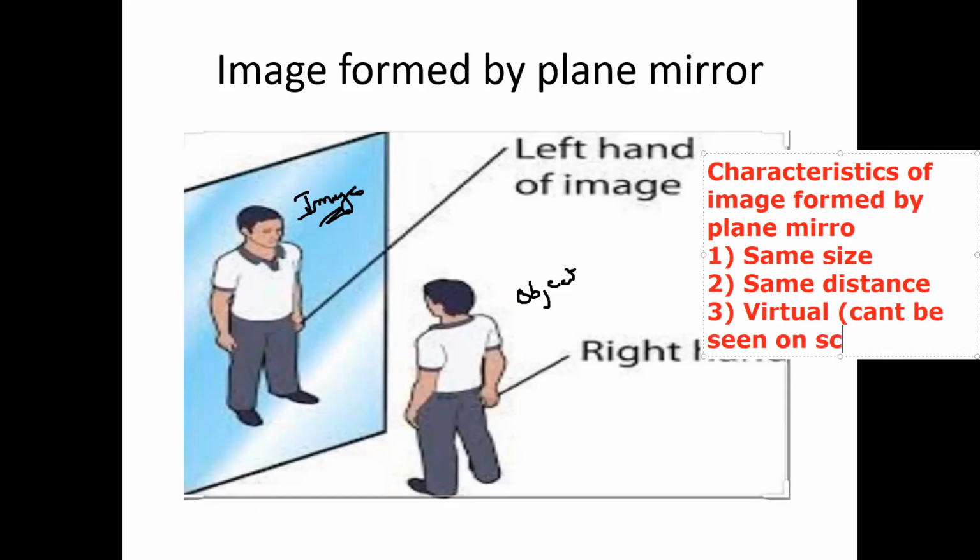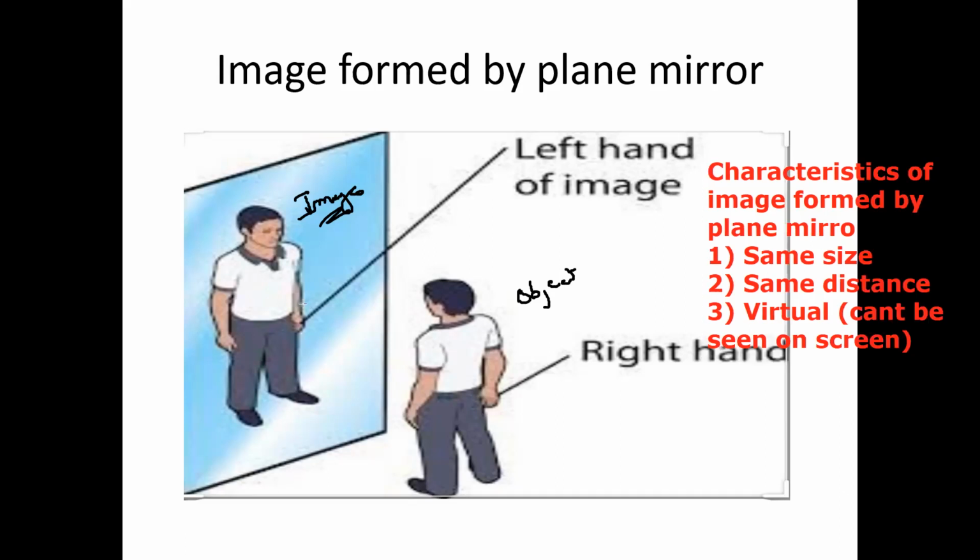Like if I place a screen, I cannot see this image on the screen. For example, a person is standing in front of the mirror and he places a screen at the back of the mirror. If you place the screen there, you don't see anything on the screen. So when you don't see anything on the screen, it means this is just an imaginary image.